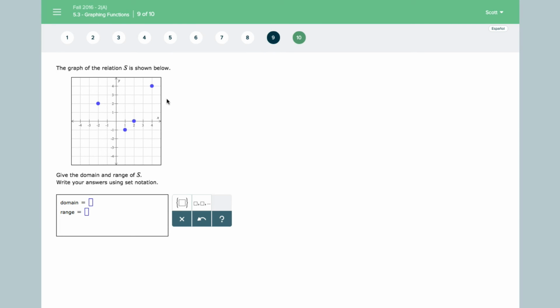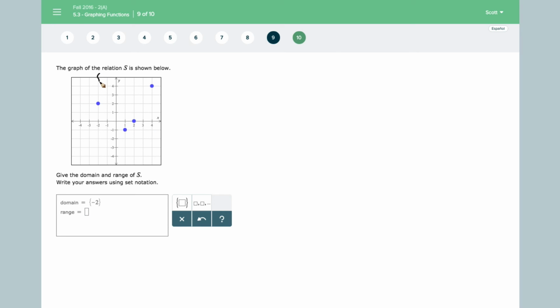Here's the graph. What is the domain? The domain are all my x values. So I'm going to put it in brackets. Set notation, that just means in brackets. My lowest x is right there at -2. And let me draw on it so that it's a little easier to see what I'm talking about.